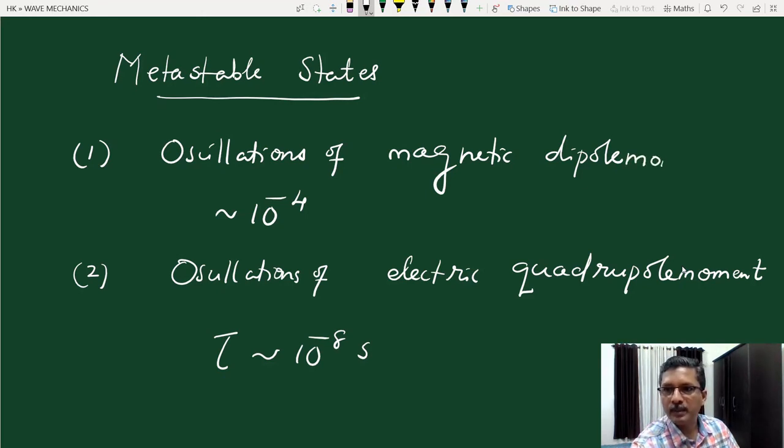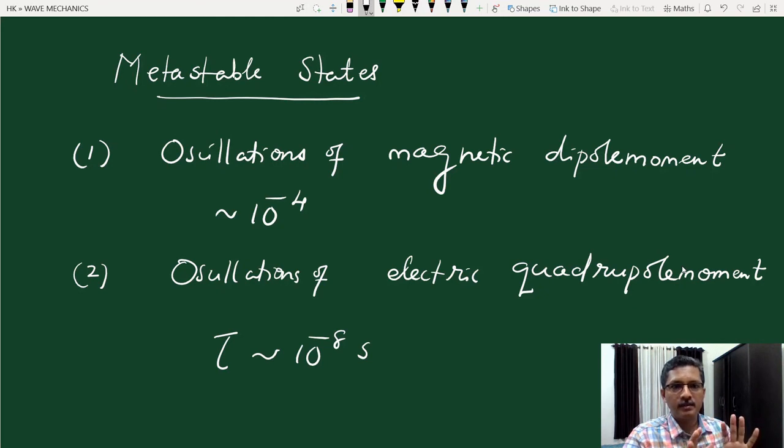So these metastable states are longer lived, and they are very important in the production of lasers. The existence of metastable states is necessary for laser action. So you will learn more about metastable states when you study laser.